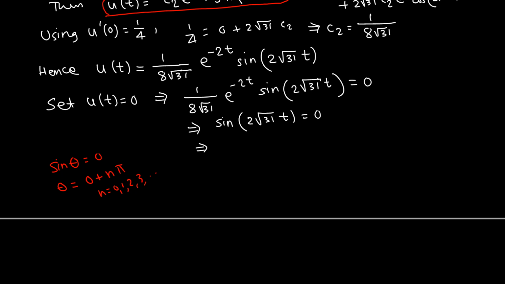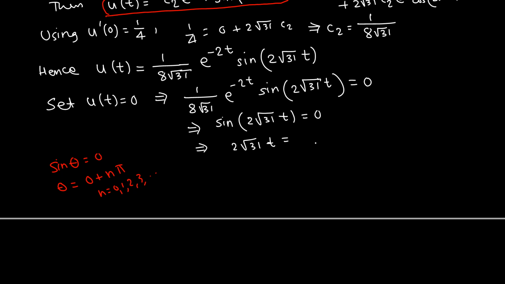But we just want to find where it comes to the equilibrium in the next round. So 2 root 31 t equals, first, when it comes first to the equilibrium position. So 0 is not going to work, that gives us t equals 0. That's the beginning.